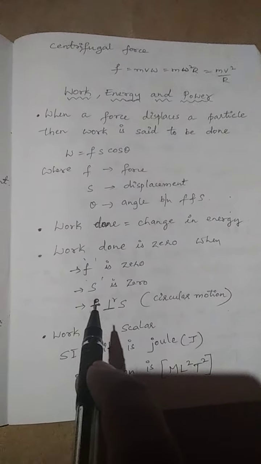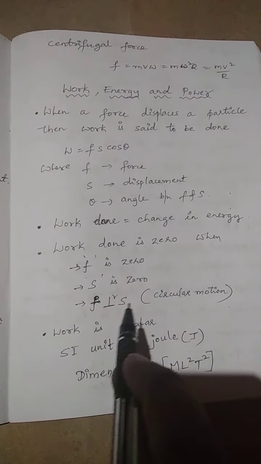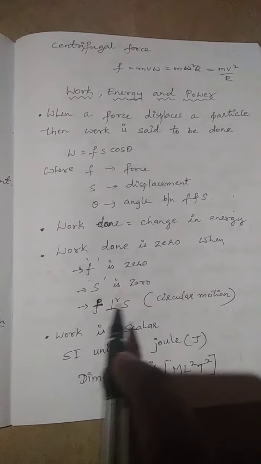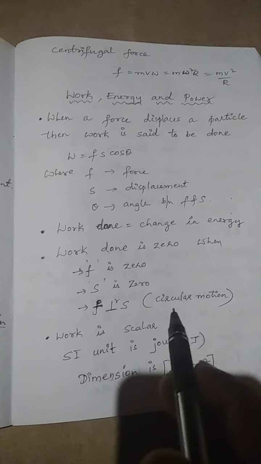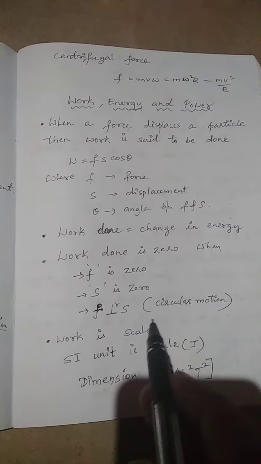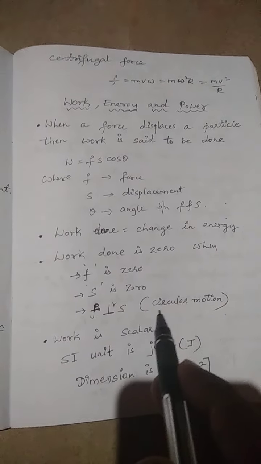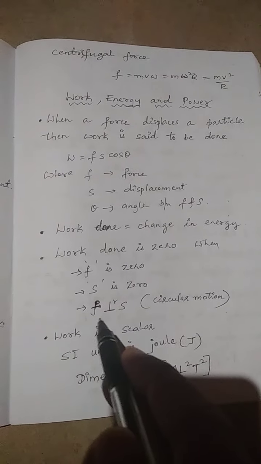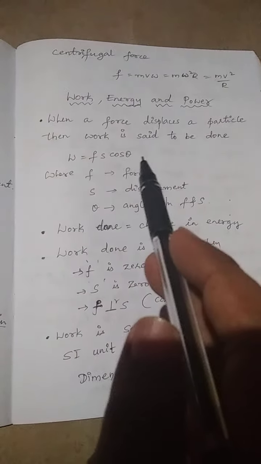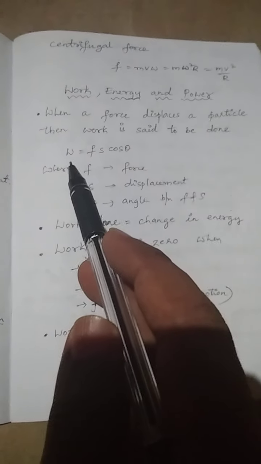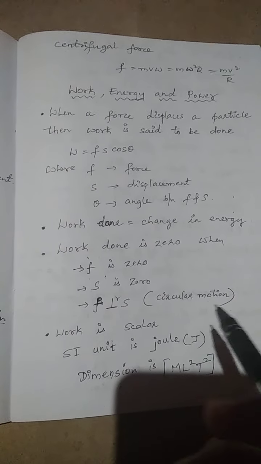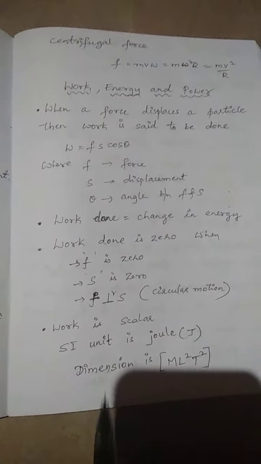Then when F is perpendicular to S, the angle theta between them will be 90 degrees. Circular motion is that case, as you remember we discussed in the last video. In this case also cos 90 is zero, right? So the work done will be zero there.